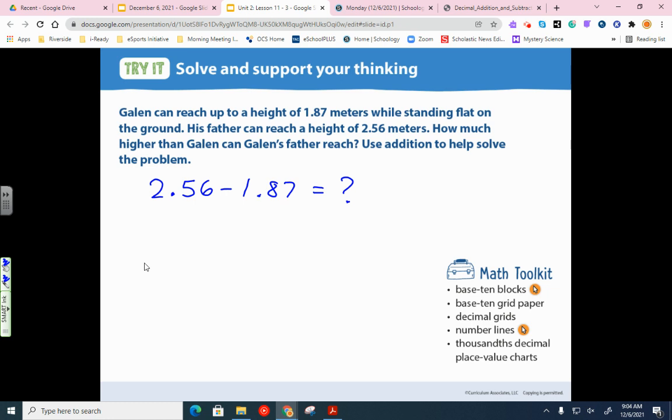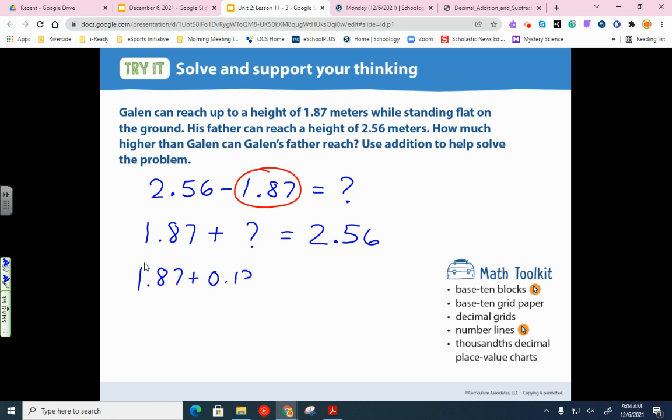Now, the best way to do this is to take the smaller of the two numbers and keep adding up until you reach the second number. In this case, this is our smaller of the two. So we want to know that 1 and 87 hundredths plus something will give us 2 and 56 hundredths. The way I'm going to do it is round this 1 and 87 hundredths up to the nearest whole number. If I add 13 hundredths to it, that's going to give me 2.